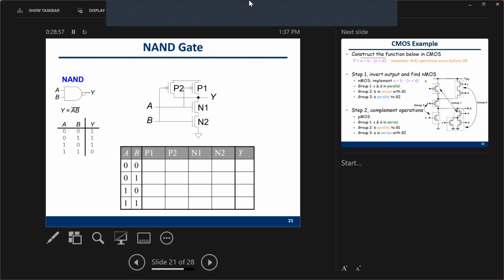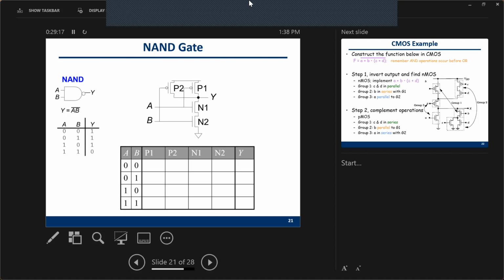In fact, unless A and B are both 1s, this ground, this 0, cannot pass through them and arrive at Y. Why?